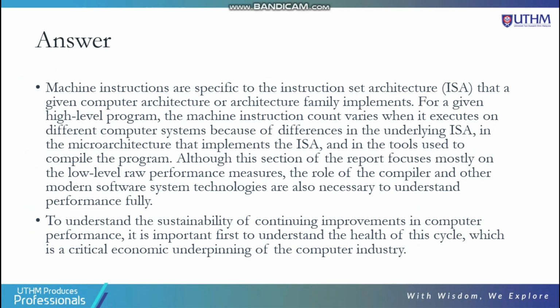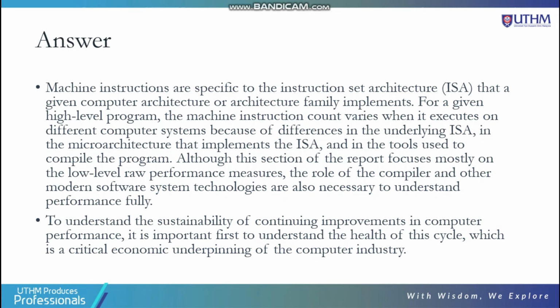Machine instructions are specific to the instruction set architecture, ISA, that a given computer architecture or architecture family implements. For a given high-level program, the machine instructions can vary when it executes on different computer systems because of differences in the underlying ISA, in the microarchitecture that implements the ISA, and in the tools used to compile the program.